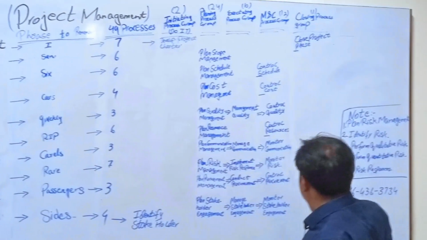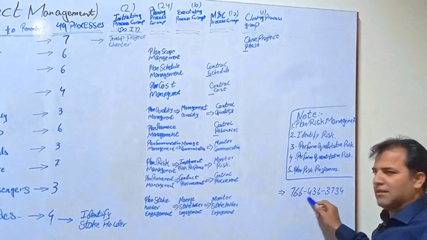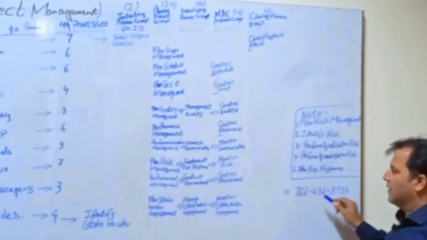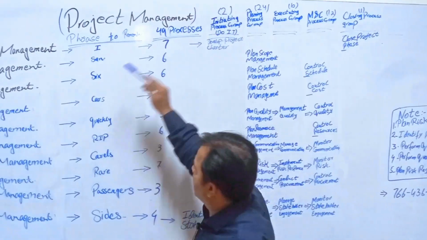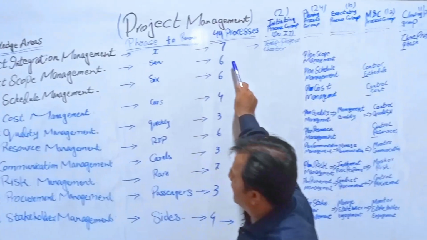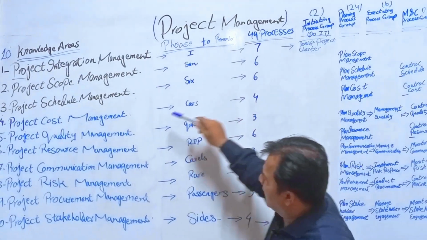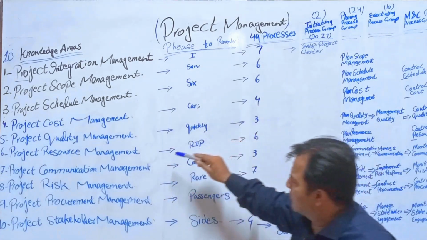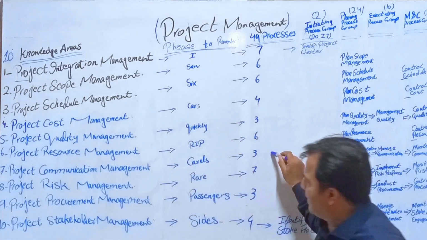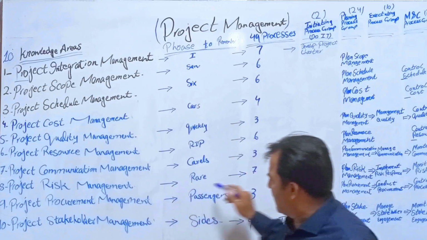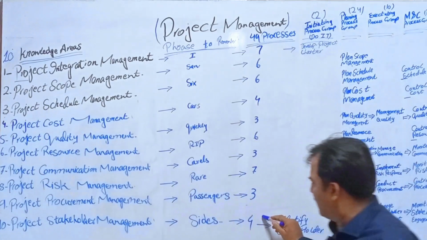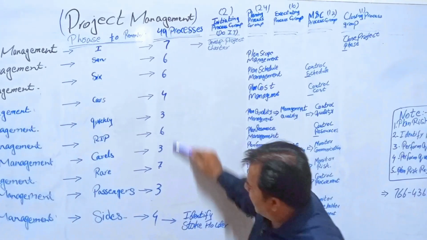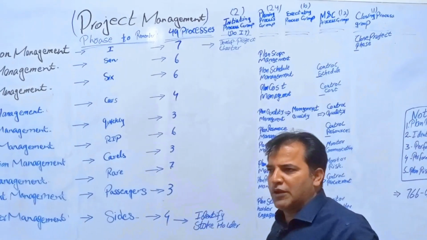That means 7 processes in project integration management, 6 in scope, 6 in schedule, project cost management has 4, quality management 3, resource management 6, communication management 3, risk management 7, procurement management 3, and stakeholder management 4. If we add them, these make the 49 processes.